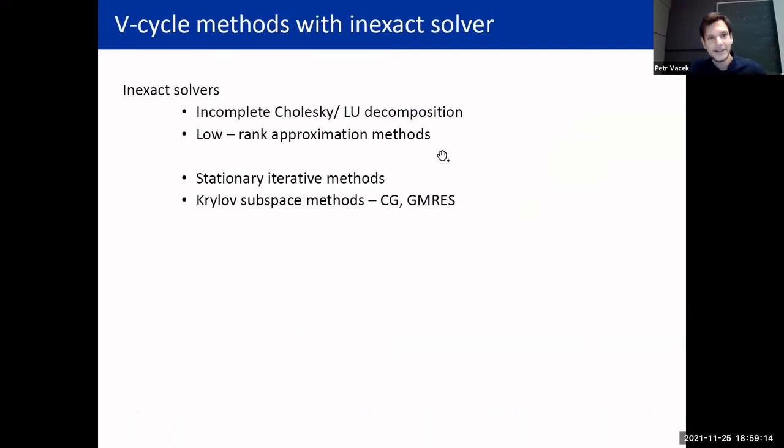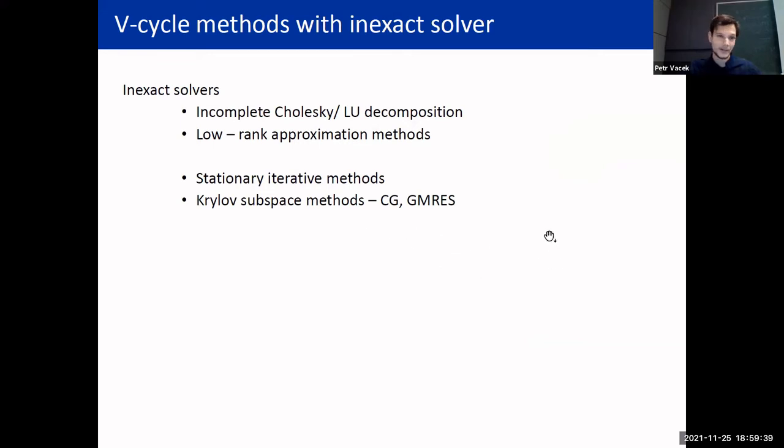So in problems where we have large problems on the coarsest level, and using LU decomposition methods is ineffective or even prohibited by the size, it is natural to use inexact solvers.